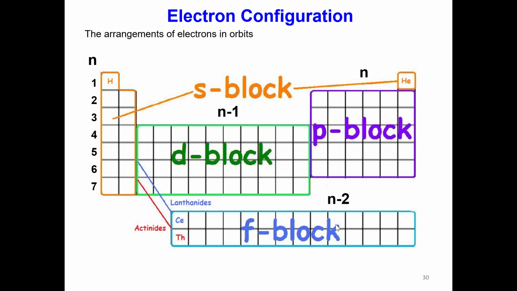Now let's move on. I want you to have some idea about the correlation between the periodic table and the electronic configuration.